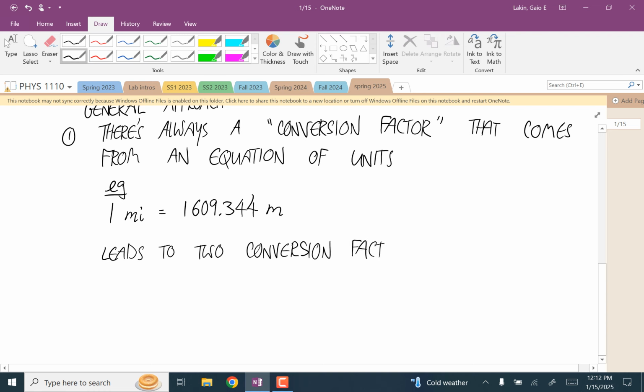The way you come up with these conversion factors is you know that if you divide something by itself, you get 1. 4 divided by 4 is equal to 1. Negative 6,000 divided by negative 6,000 is 1. And so if you know that 1 mile and 1,609.344 meters are the same thing, you can divide one by the other and know that fundamentally what you have is 1.